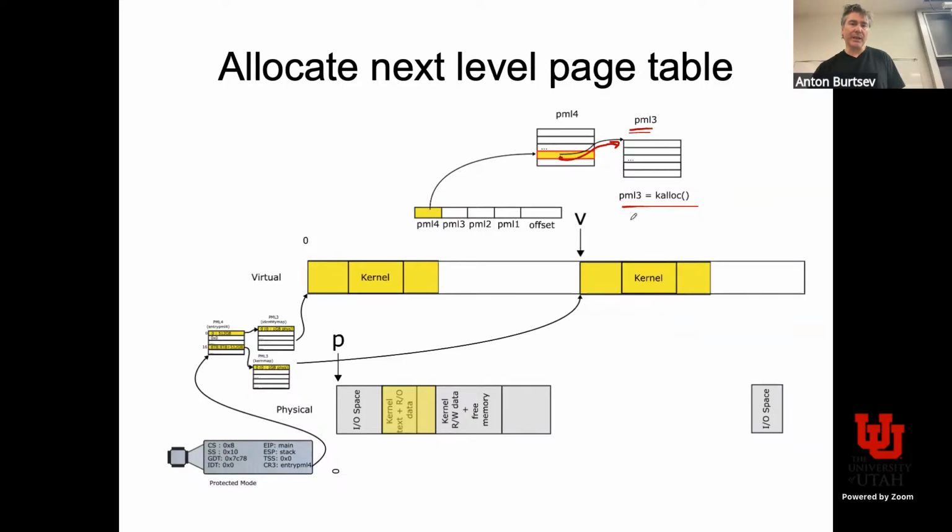I go to the memory allocator, and the memory allocator says, okay, my head currently points to the next page. The very first page you already gave, so it became our PML4. The next page on the list will be our PML3, right? Make sense? Agree? Any other questions about this?